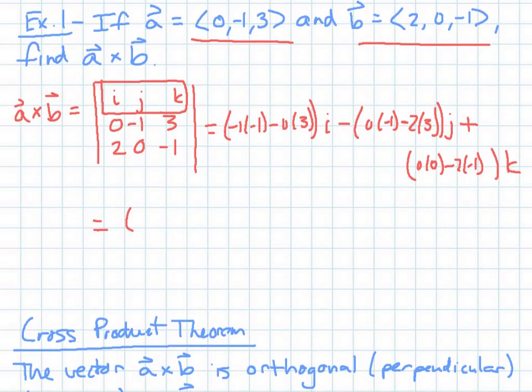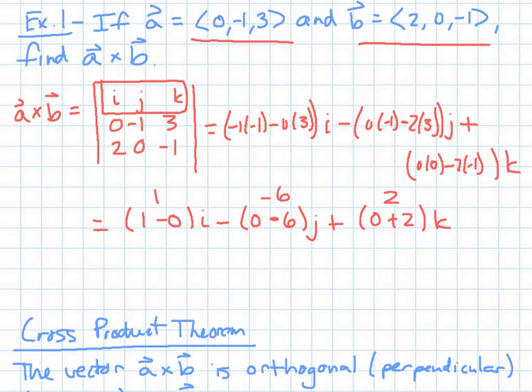Okay, so now I want to simplify. So -1 times -1 is 1, minus 0, i, minus 0 minus 6, j, plus 0 plus 2, k. So that gives me 1 here, -6 here, and 2 here. The double negative makes that go away, so 1i plus 6j plus 2k.